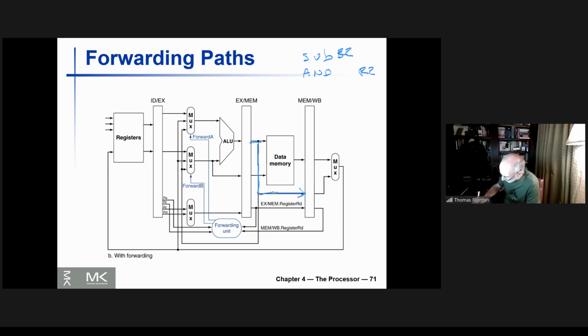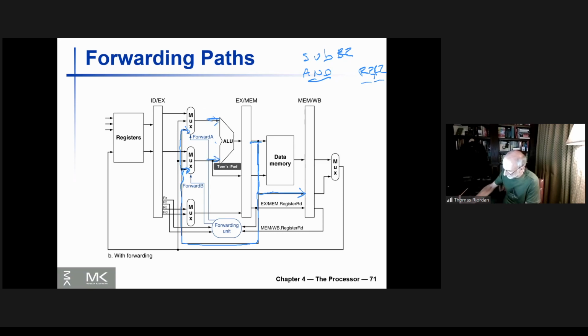But we're going to grab that same signal and bring it here and be able to put it into these muxes. You can go into either one of them. That allows either of the sources for the second instruction, we can put it into either the top or the bottom.